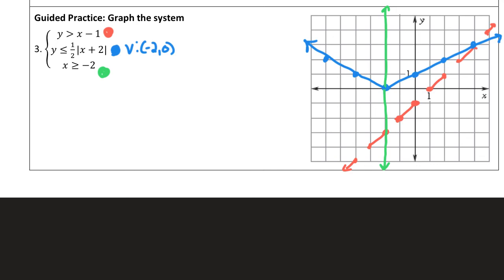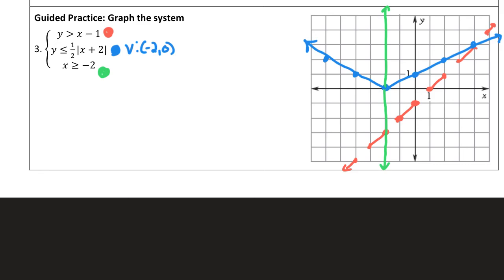So with this one, y is greater than x minus 1, y equals mx plus b, dashed line, fairly straightforward to graph. For the absolute value, just remembering the vertex is at (negative 2, 0), and then I count from that vertex up 1, right 2 as a slope, and then I mirror it over the vertex. And then finally, x is greater than or equal to negative 2, solid vertical line at negative 2.